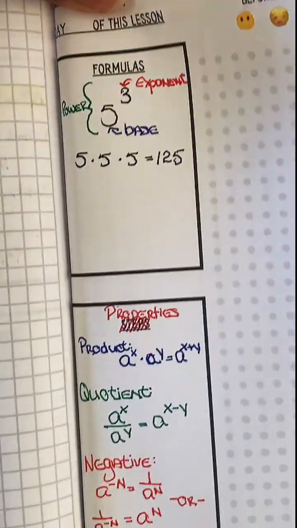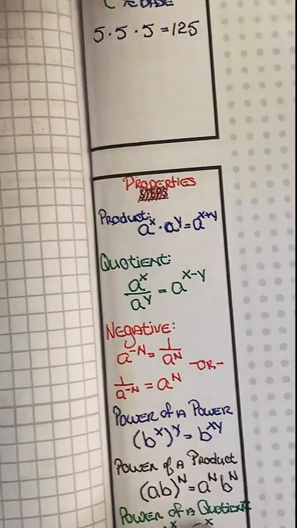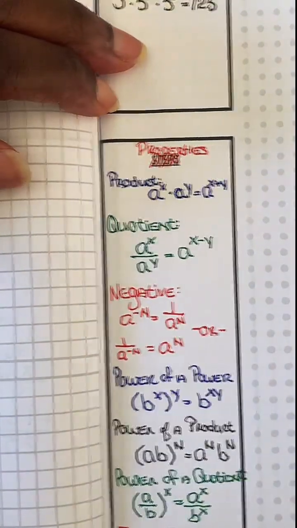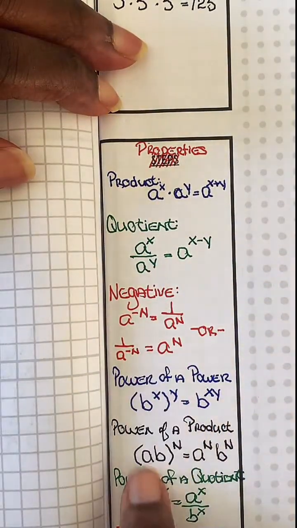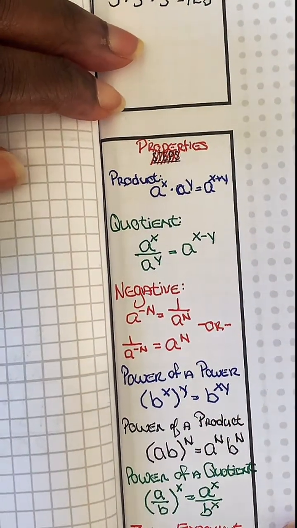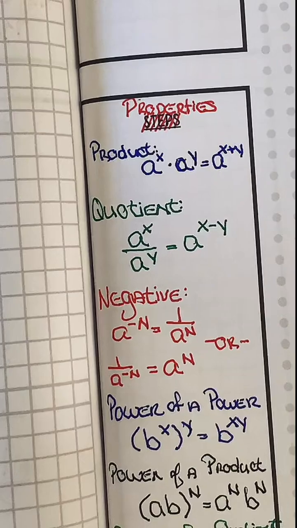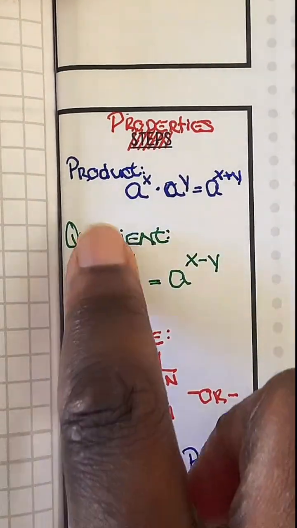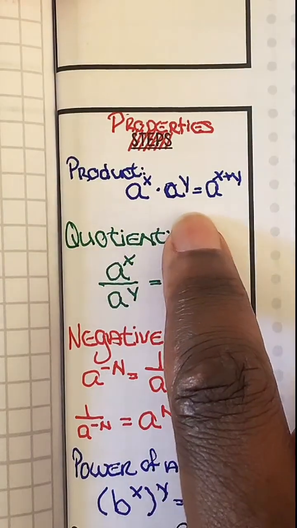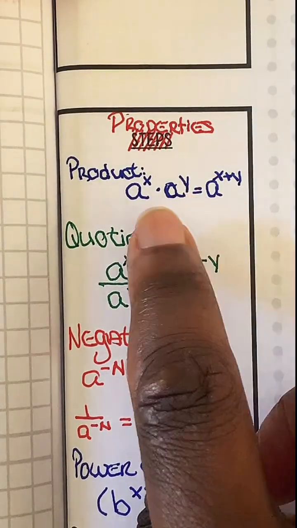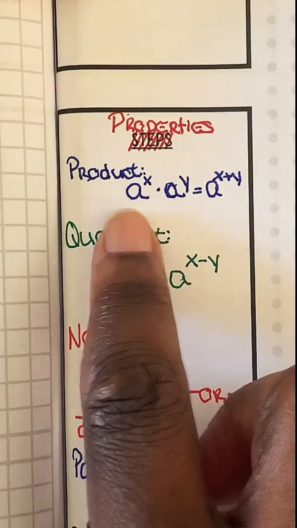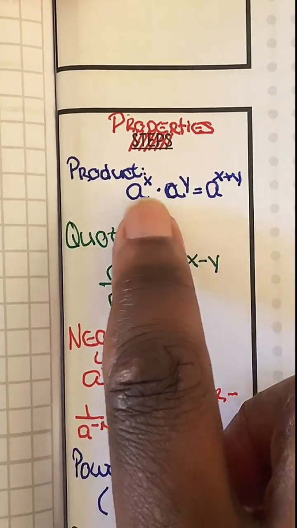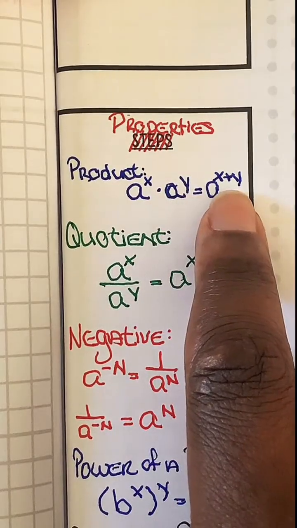When we're taking a look, there are certain properties that we need to deal with. Different colors, different properties. So the first one is the product property. When you're multiplying, and notice they have the same base of A, you are adding the exponents.